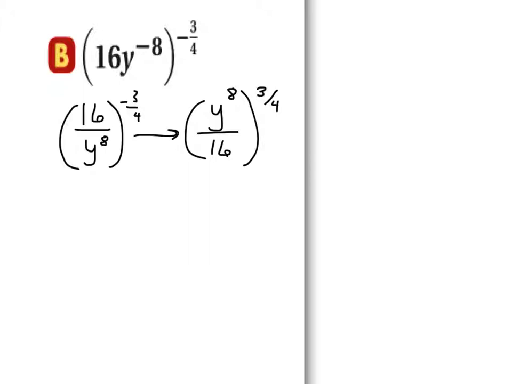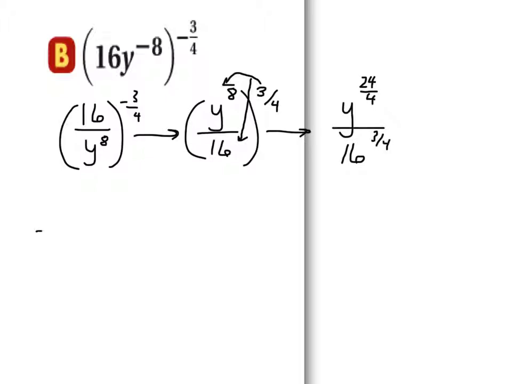Okay. Now I'm going to go ahead and distribute. The 3/4 is going to come here to the y to the 8th, and it's going to go to the 16. So I have y, 8 times 3/4 is 24/4 over 16 to the 3/4 power. Okay.